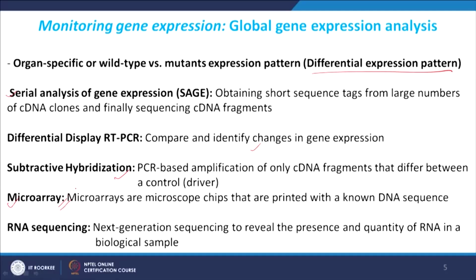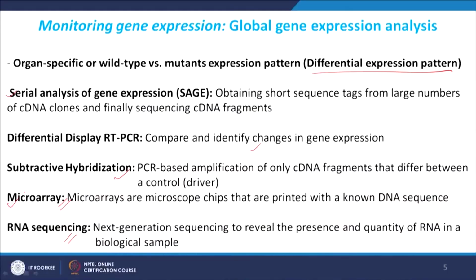We will see microarray in great detail, how it has been used, and this is one of the most used technologies in plant developmental biology. And now recently next generation sequencing has actually changed the entire scenario. Now we are doing a lot of RNA sequencing, and this has a lot of benefits over the microarray.